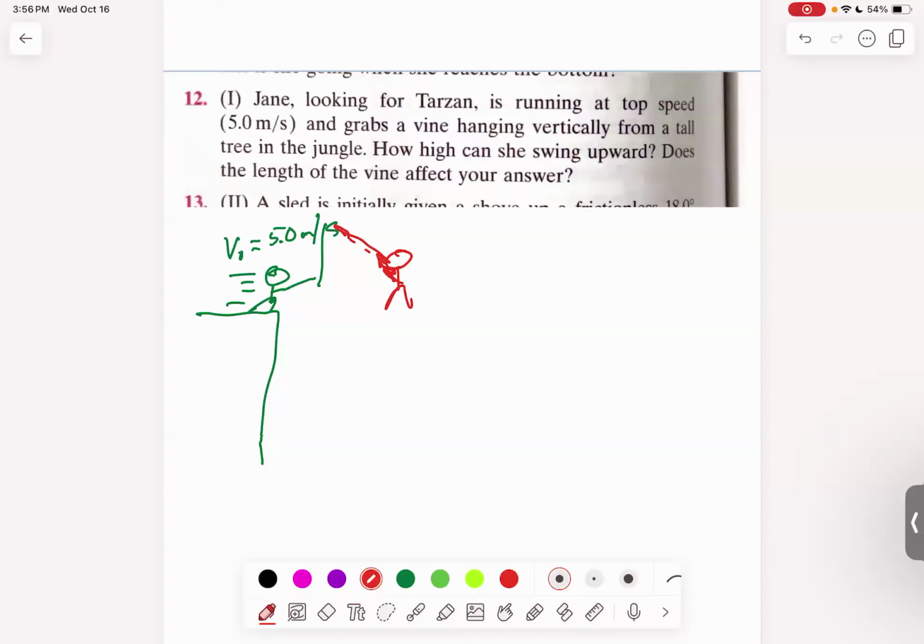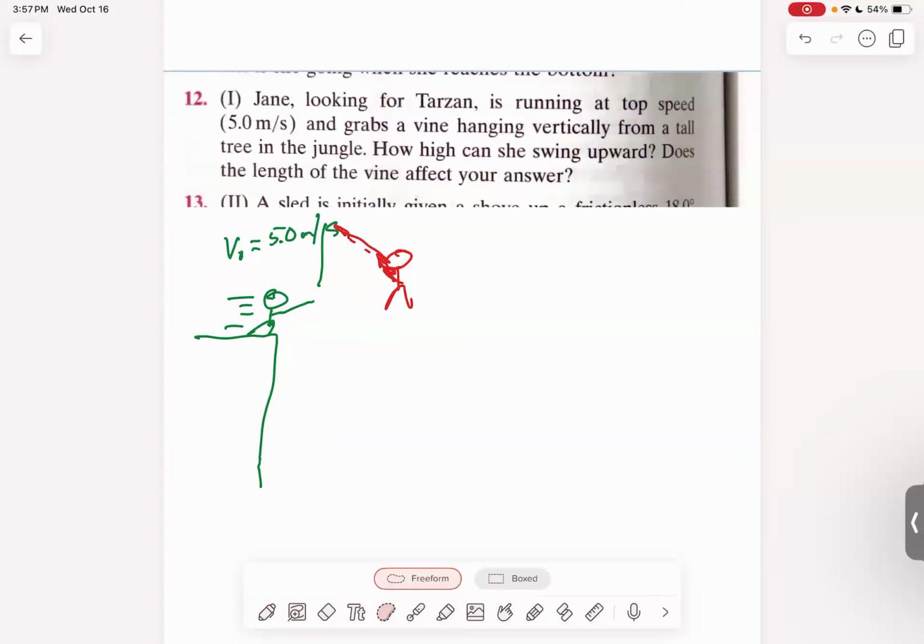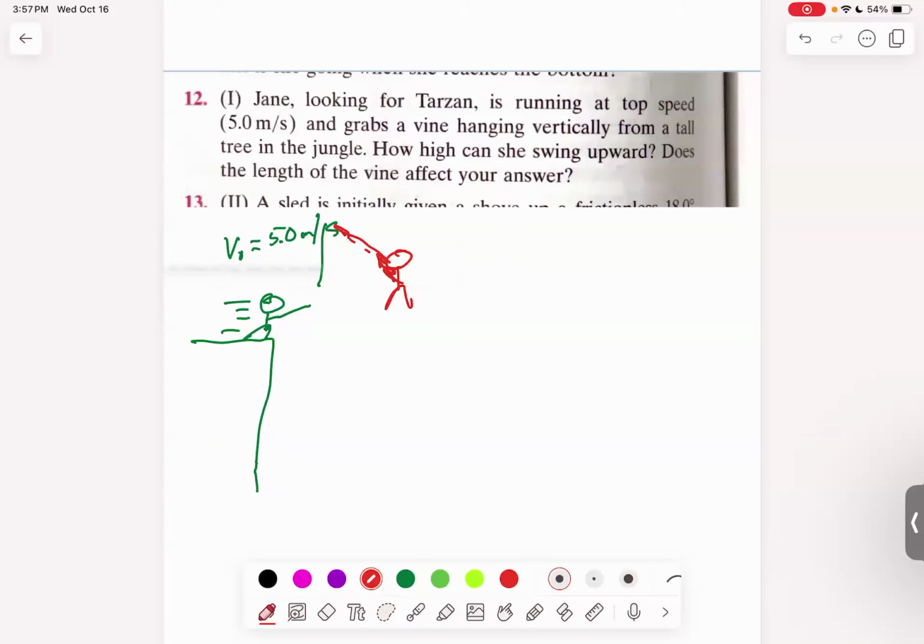So let's draw that a little bit more meaningful to us. So how about we move this person down a little bit. Same person. She's going to swing, and she's going to travel up a certain distance when she swings. And we'll call that h of f. This distance right here is h of f. That's what we're trying to find.